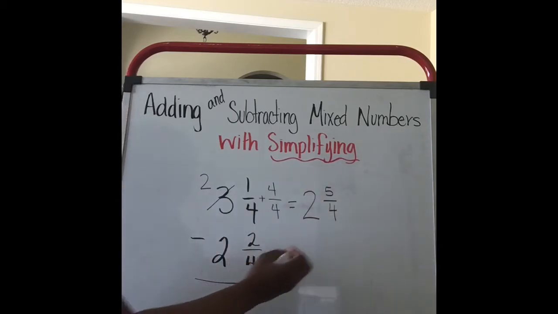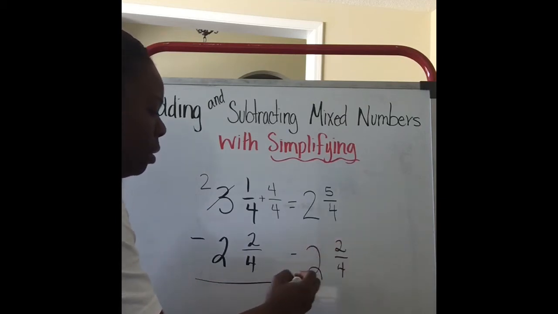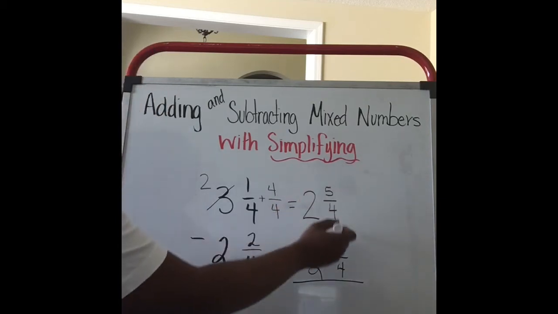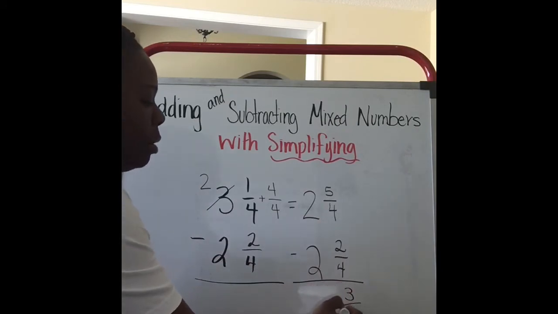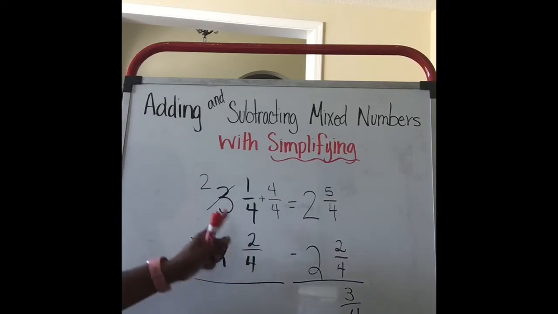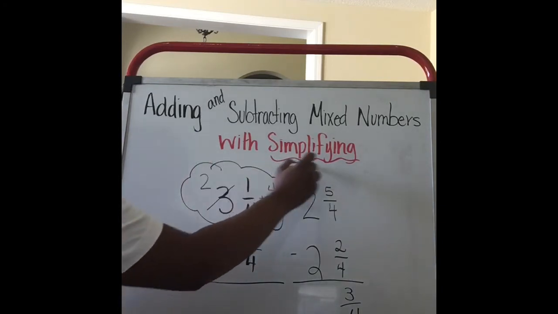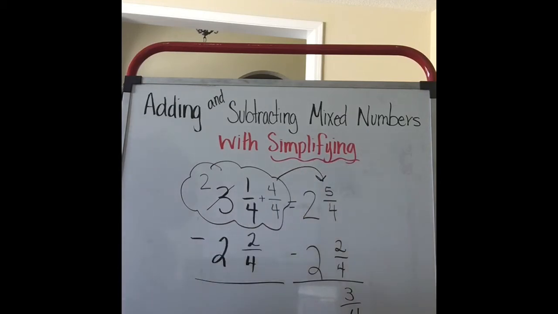And then we had enough to subtract, minus our 2 2/4. Okay, so 5/4 minus 2/4 is 3/4. And then 2 minus 2 is 0. We don't need to write a 0. So don't forget, you will have to do this part and change it over to an improper fraction in some of your problems in your math packet for this week.